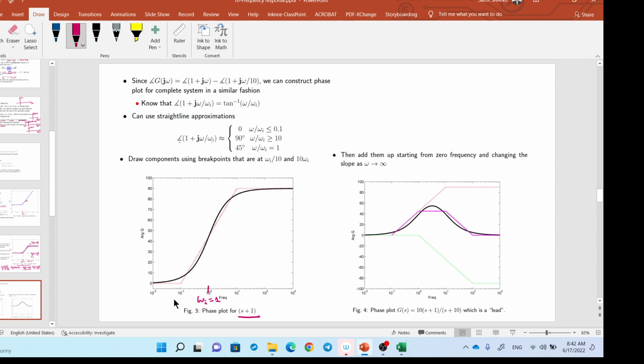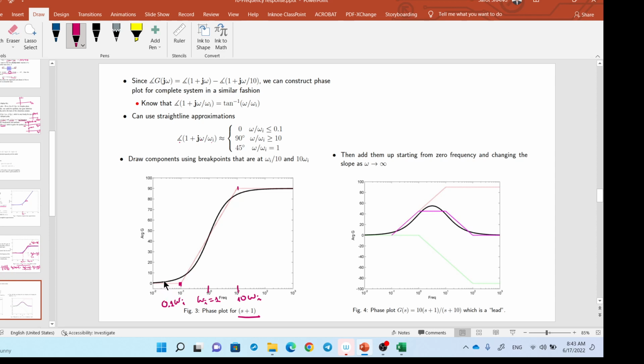We need to choose it more specifically, which means omega is less than 10 times omega I. So here is 0.1 omega I, and here actually is 10 times omega I.